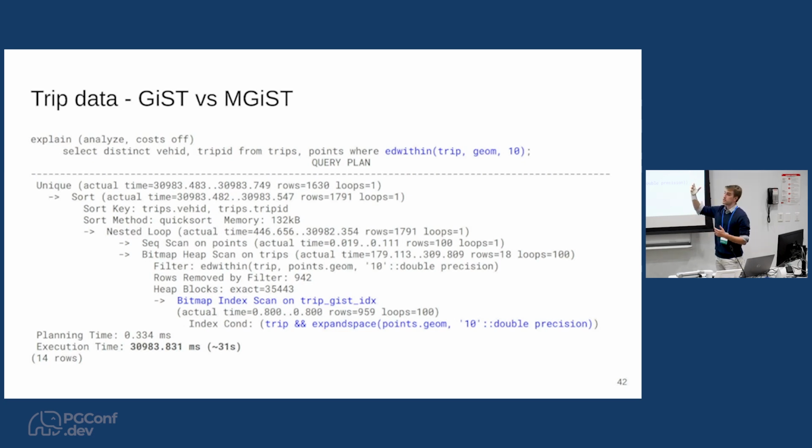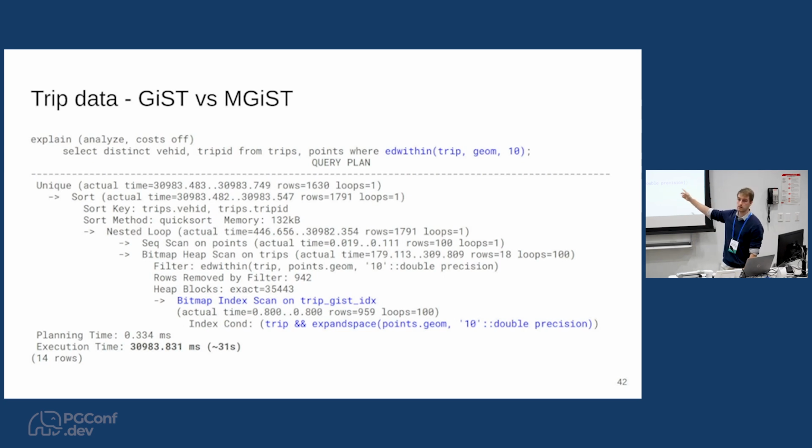And so you can imagine that this function, ever within, will add an index condition if there is an index present. That is, okay, the index condition is the trip, so the bounding box of the trip has to overlap another bounding box that's formed by taking these points of interest and some area of 10 meters around, right?